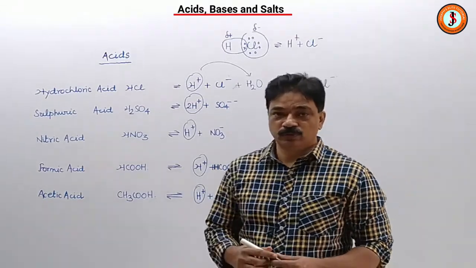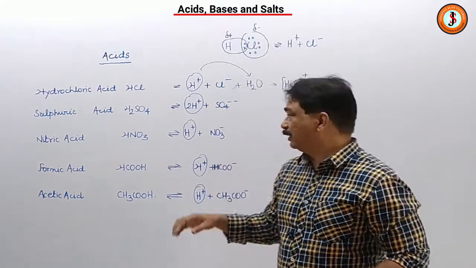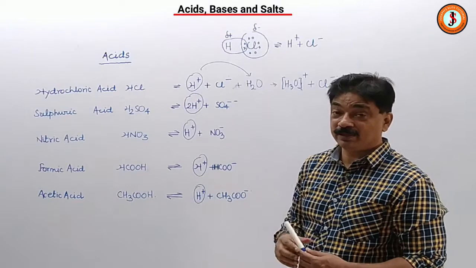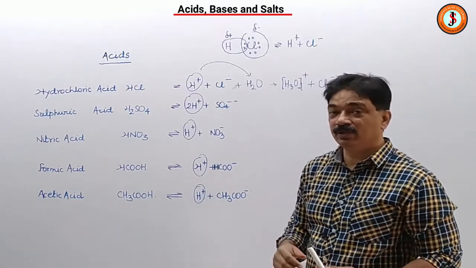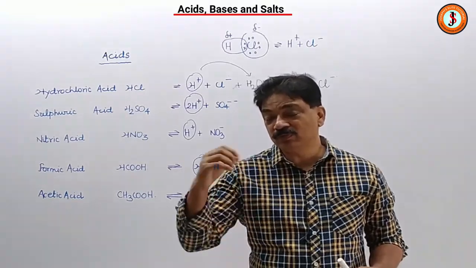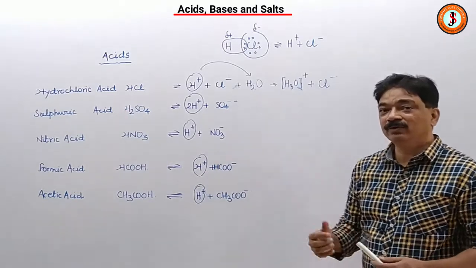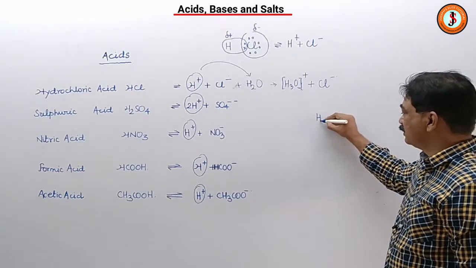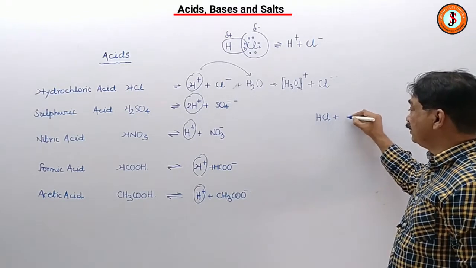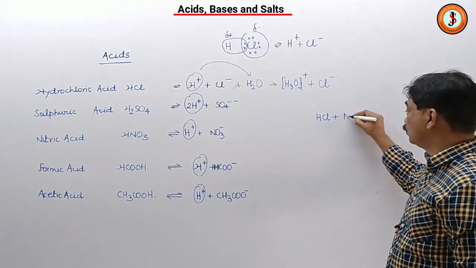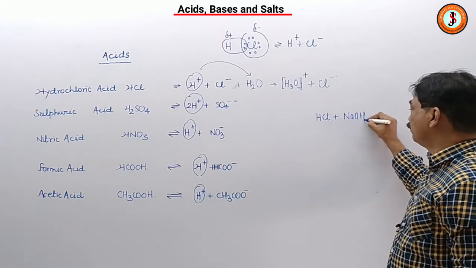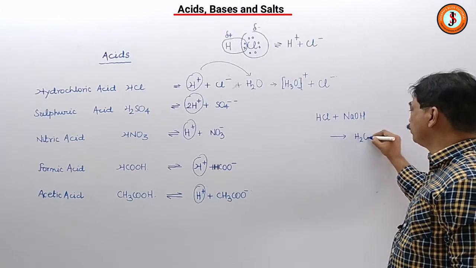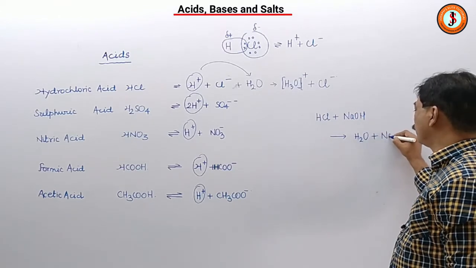Initially it was also told that acids contain replaceable hydrogen ions. That means during a chemical reaction the hydrogen of that acid is replaced. For example, if I take the acid HCl and let it react with sodium hydroxide, then H2O will be formed and NaCl will be formed.